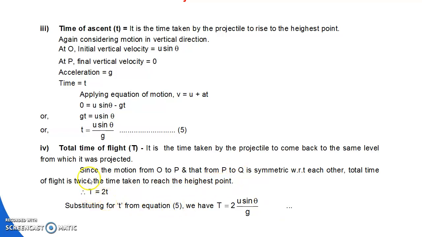Obviously the total time is equal to twice the time of ascent, 2 into small t. Substituting the value of t, u sin theta by g, we find the total time T is equal to 2 into u sin theta by g.